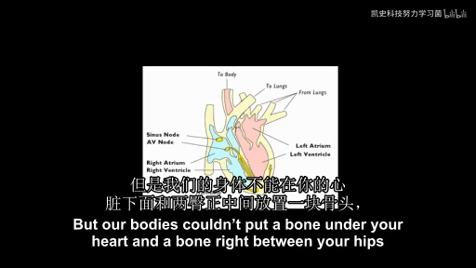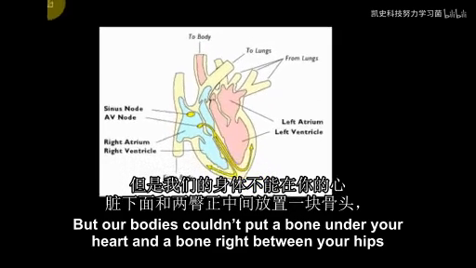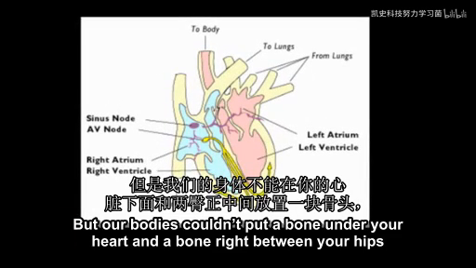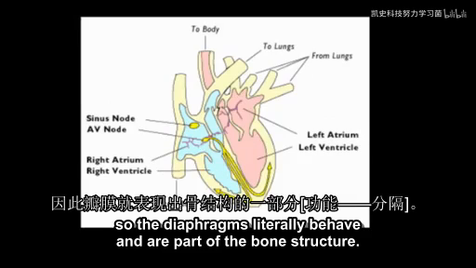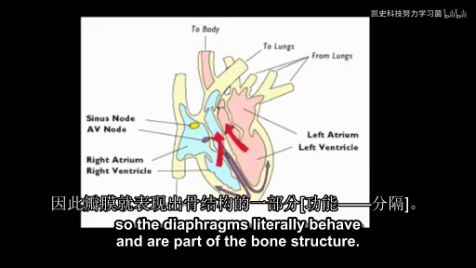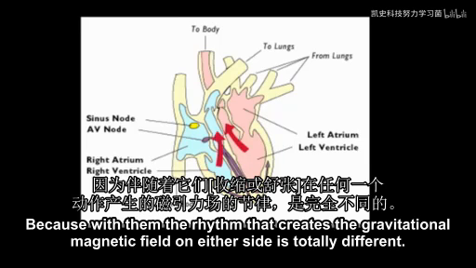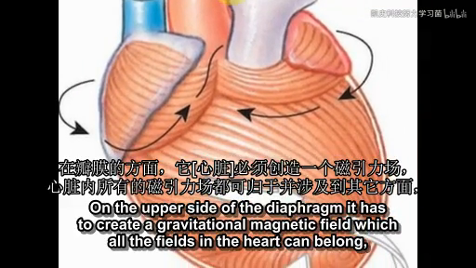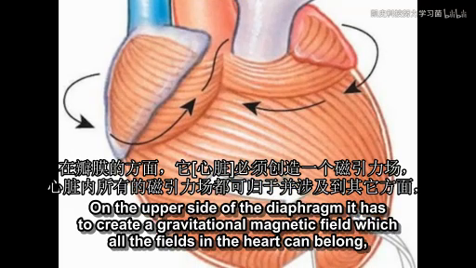But the body couldn't put, let's say, a bone under your heart and a bone right between your hips. So the diaphragms literally behave and are part of the bone structure. Because with them, the rhythm they create, the magnetic gravitational field they hold on either side is totally different. Because on the upper side of the diaphragm, it has to create a gravitational magnetic field which can hold the fields within the heart and the lung.